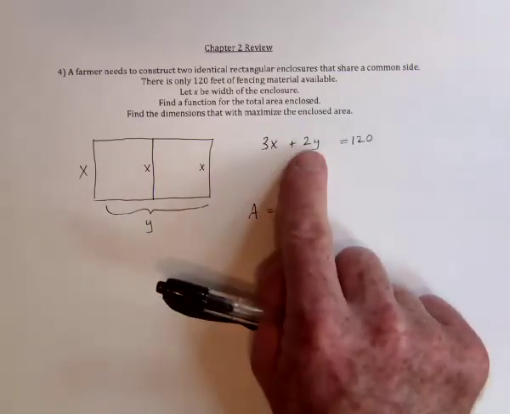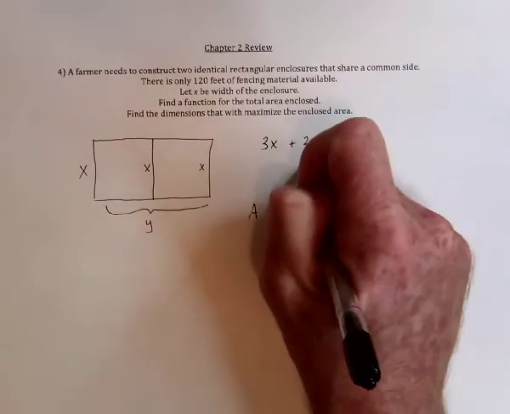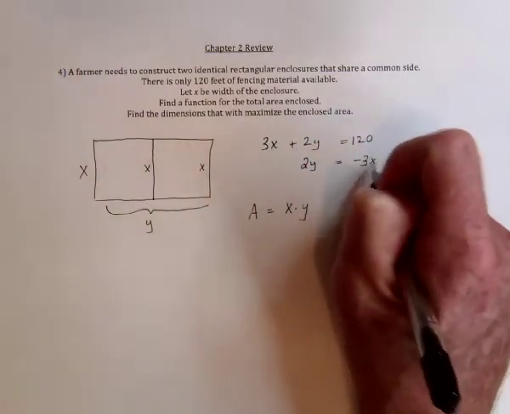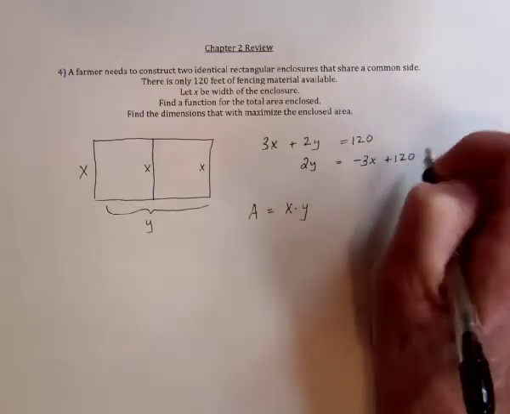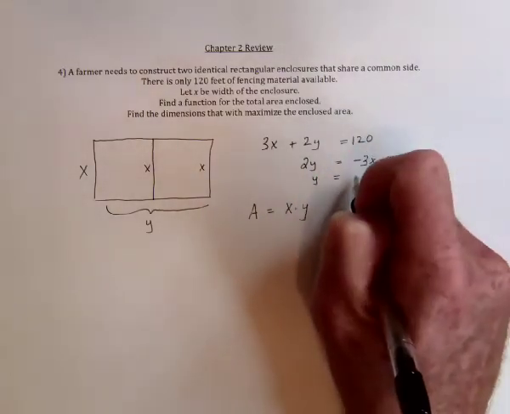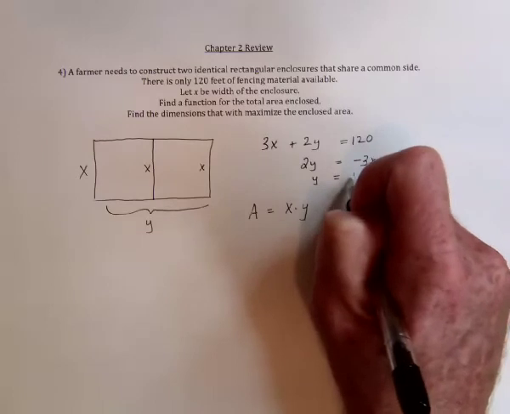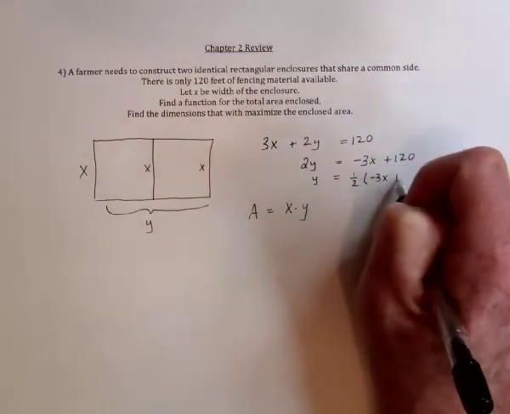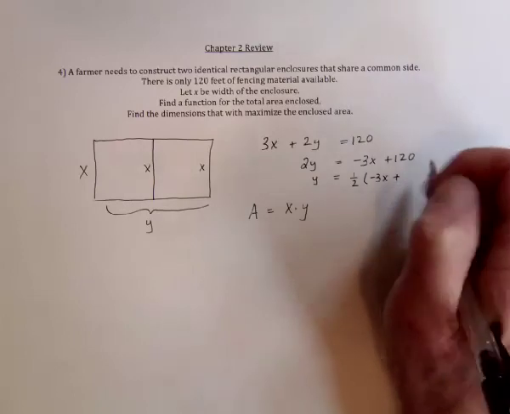So now for this one, solve for y. So 2y equals negative 3x plus 120. Or if you divide, I guess instead of divide, I'll multiply by 1/2 and just leave it factored out, since the 1/2 won't divide into the 3.